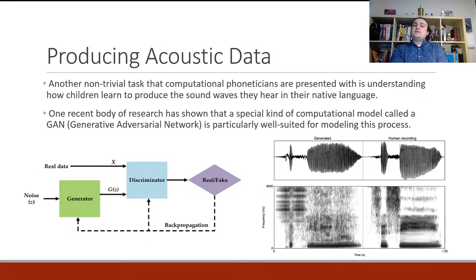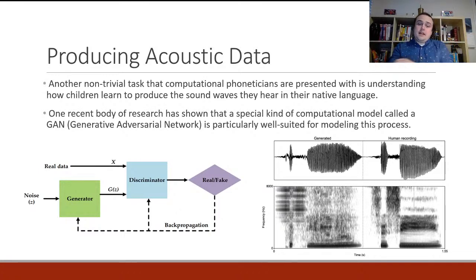And if the discriminator is correct, then an algorithm called backpropagation is used to inform the generator of how it got caught, essentially. So the backpropagation algorithm looks at how the discriminator was able to differentiate between those two audio files and tells the generator, hey, this is kind of what you did wrong. This is the not human-like bit of what you created.